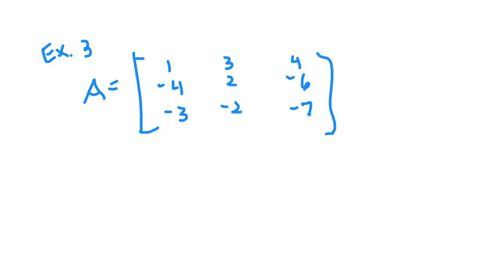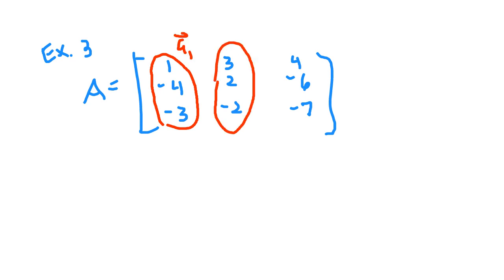So this first column is vector A1. This second column is vector A2. And this third column is vector A3.